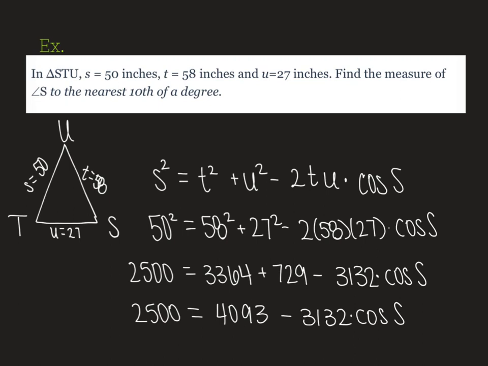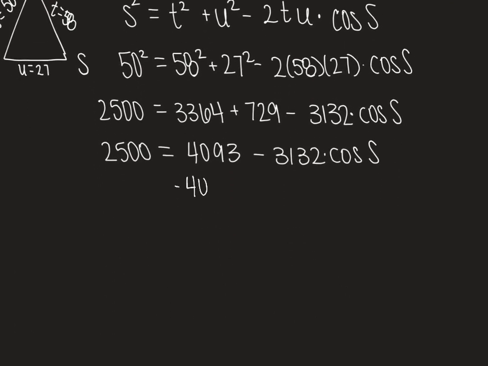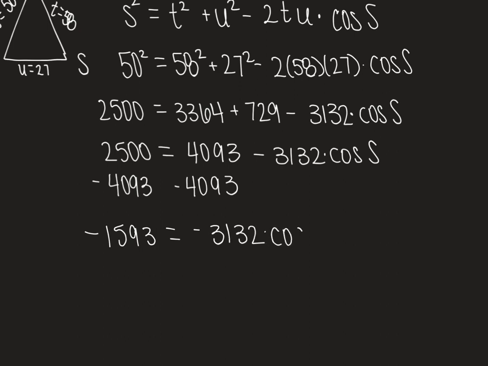So pretending like cosine of S is some sort of variable that we're trying to isolate, first thing we're going to want to do is get that 4,093 to the left-hand side. So we're going to subtract 4,093. When we do, we get negative 1,593 equals, and now we just have our negative 3,132 times cosine of S.